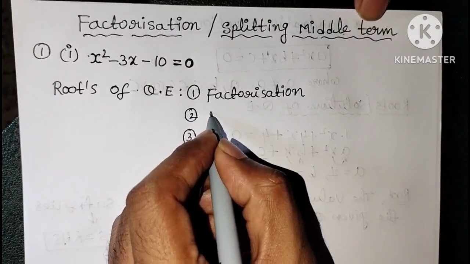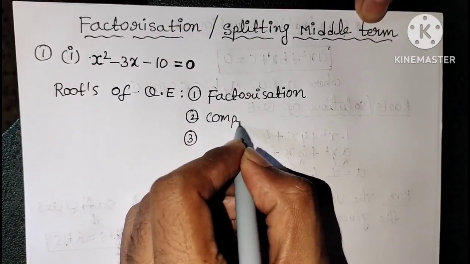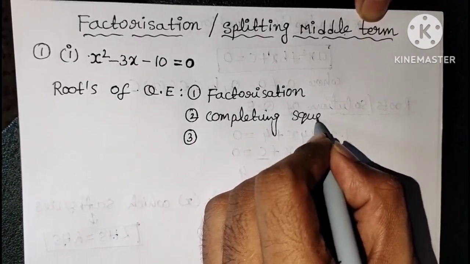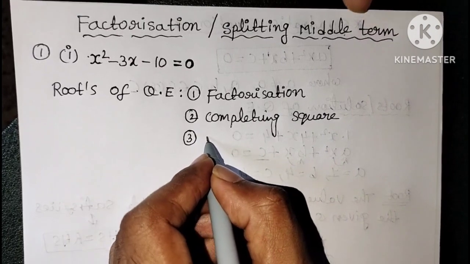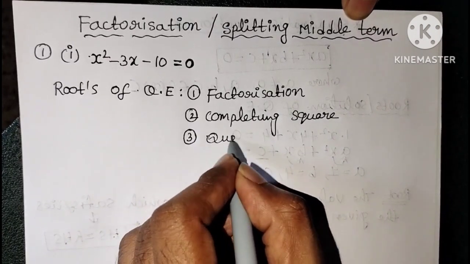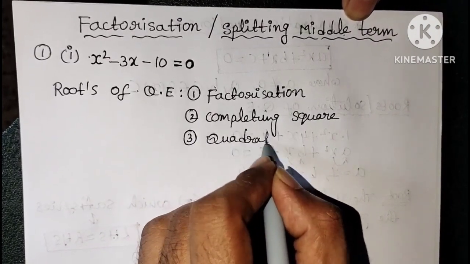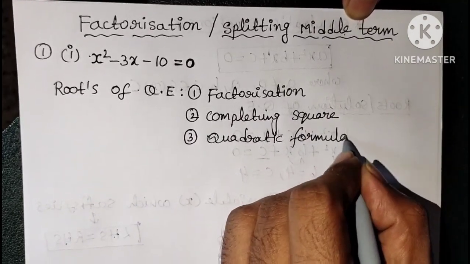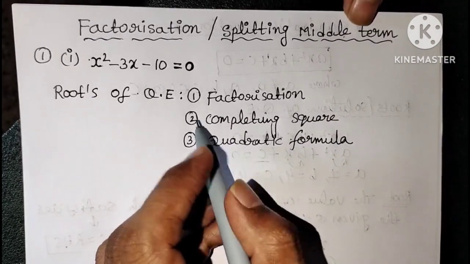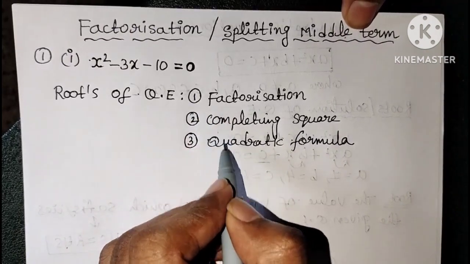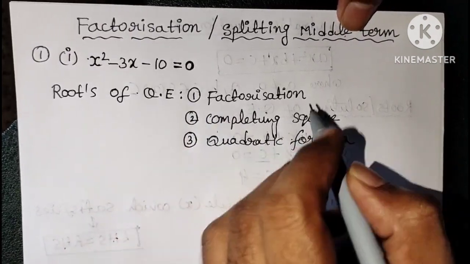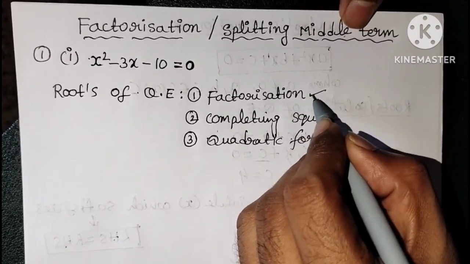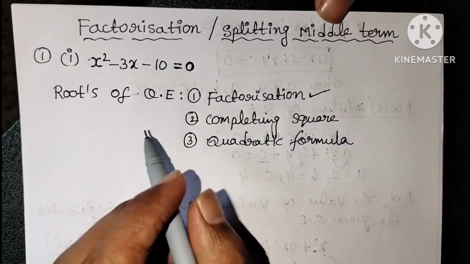The second is the completing square method, and one more method is using the quadratic formula, that is Sridhar Acharya formula. So we have 3 methods: factorization, completing square method, and quadratic formula. In this video I am going to explain the factorization method or splitting middle term method.